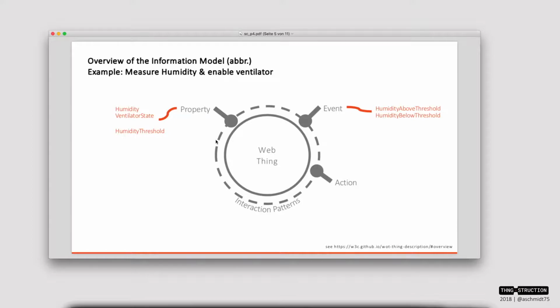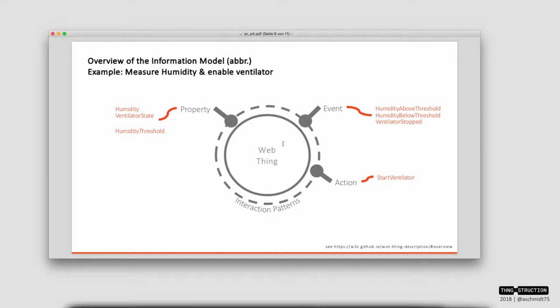There could be 2 events, for example. One that is triggered when the humidity goes above the defined humidity threshold, and one that triggers when the humidity falls back below that threshold. So the web thing needs to continuously measure the humidity and fire these events in case.